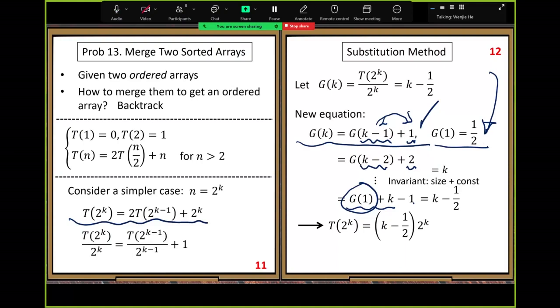But we need to go back to the n representation, not using k, using n. 2 to the k, that's n. So k equals log base 2 of n. Now you're concerned because for arbitrary positive integer n, your k may not be an integer.